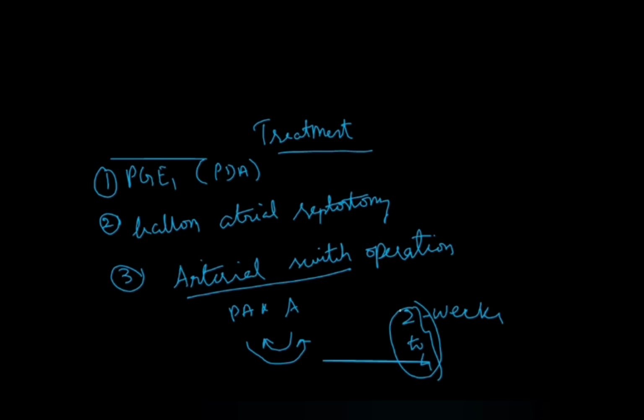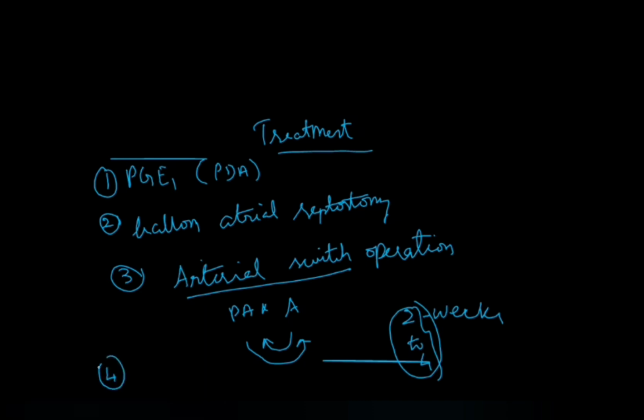Only if this surgery is done in the first 1 to 2 months of life can the left ventricle adapt to the change in the major vessel, the aorta, which is getting linked to this left ventricle. So the surgery has to be done within the first 2 months of birth.